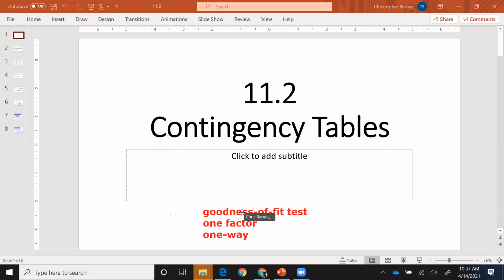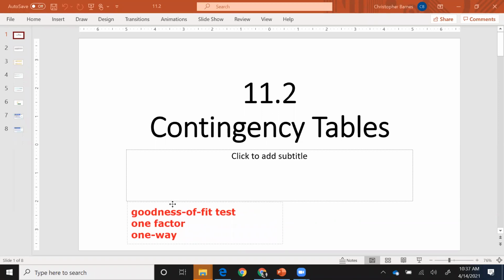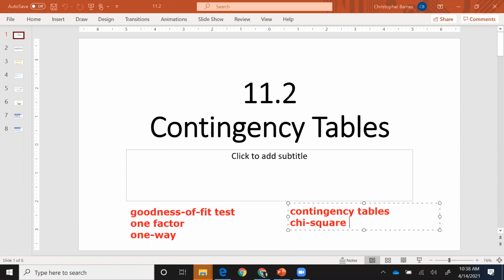Now, what we're going to be doing today is expanding on this just a little bit. The difference between 11.1 and what we're going to be doing now is the full name is called a contingency table, which is how we refer to what we're doing, but it really is the chi-square test of independence.